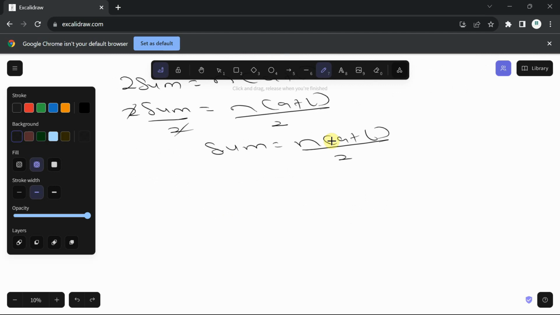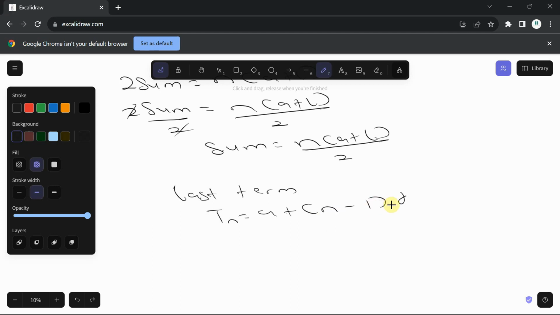So this is one formula. If I have the first term, the last term, and the number of terms, I can find the sum of that sequence. But sometimes you might not be given the last term explicitly. We know from the previous video that the last term in a sequence, let's say Tn, is equal to a plus (n minus 1) d, right?